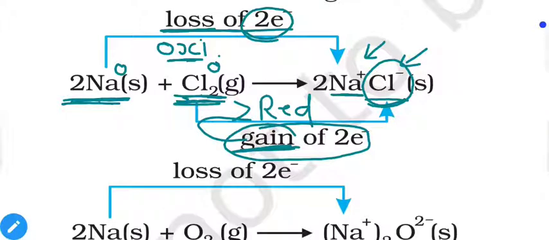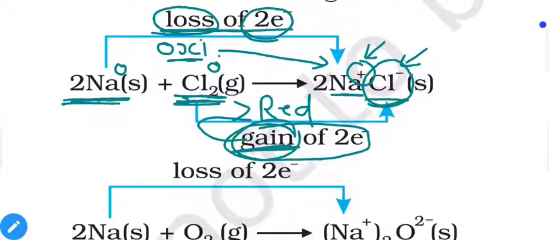If an element loses electrons, then obviously the charge will increase, or the value of the oxidation state will increase. So if the value increases, then it is oxidation. If an element gains electrons, then the charge will decrease, or the value of the oxidation state will decrease. So if the value decreases, then it is reduction.